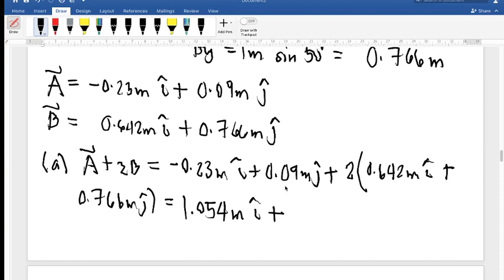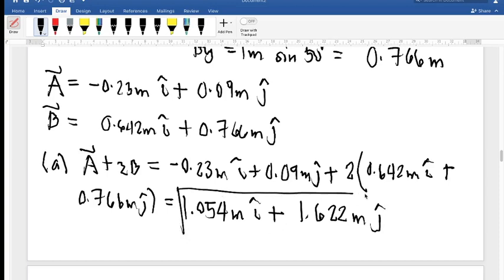So we have 0.09 plus 2, because we multiply each component of b by 2, because there is a scalar quantity 2. So 2 times 0.766. So that is equivalent to 1.622 meters j hat. Okay, so this is our a plus 2b.